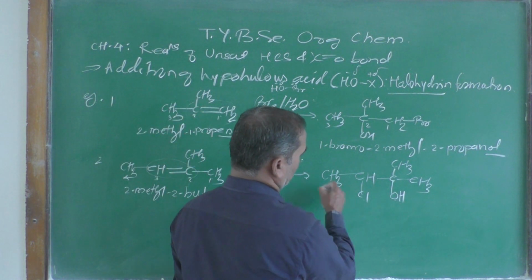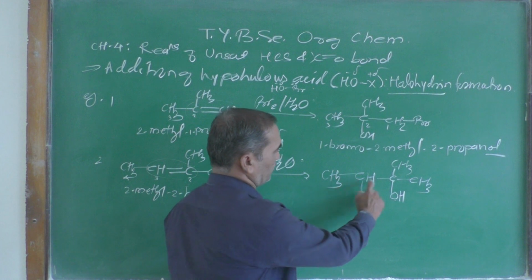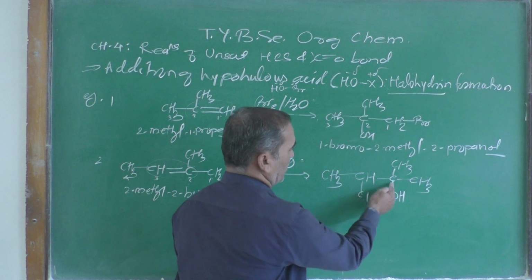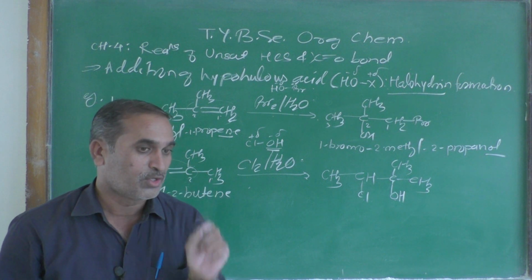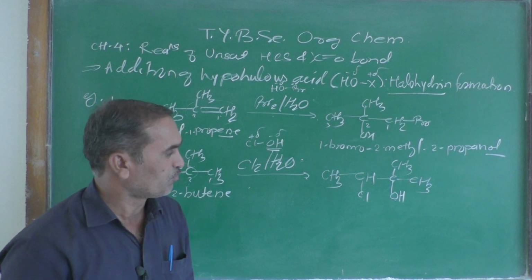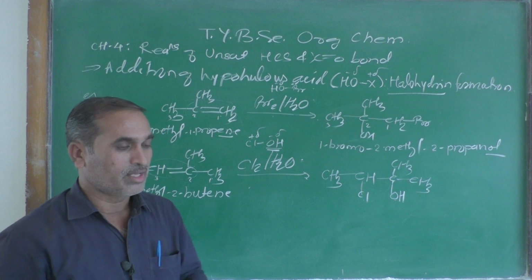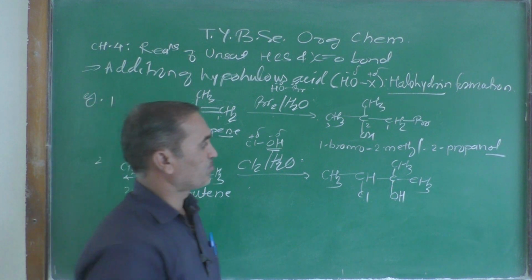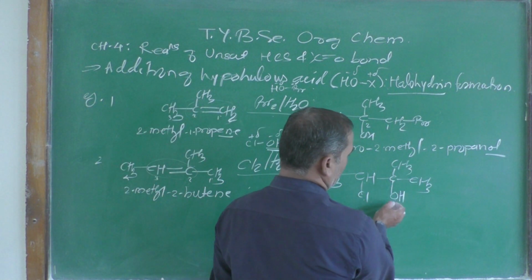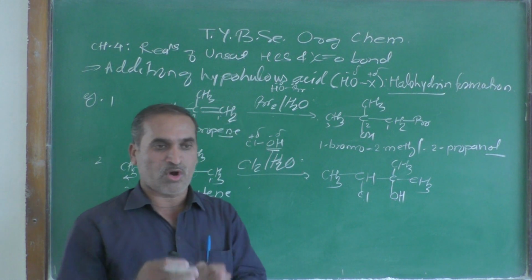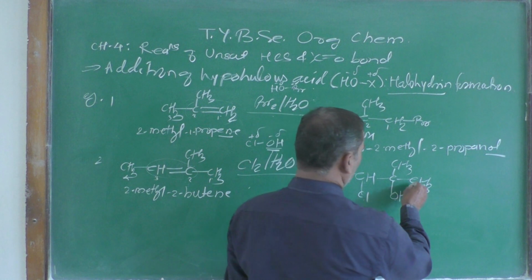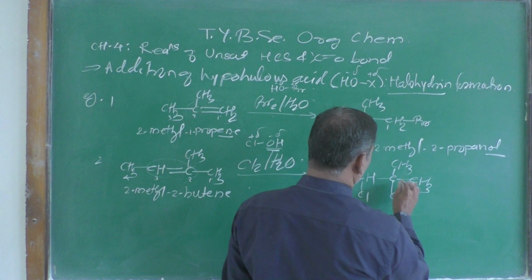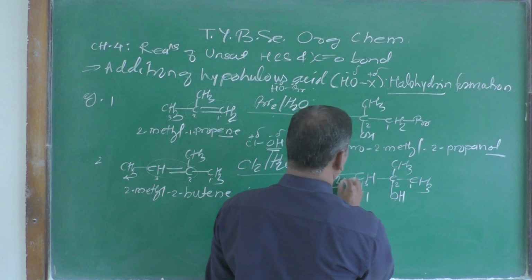Now OH and Cl are at 2 position if you go from this side. But you should start the numbering from the right hand side, because this OH is a more oxidizable group than the halogen, and therefore numbering should start from this side: 1, 2, 3 and 4.